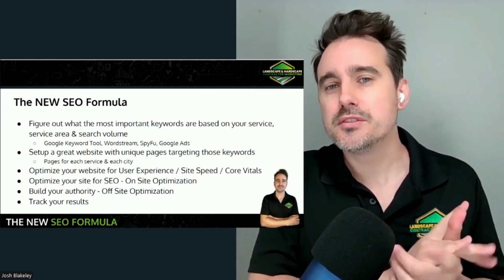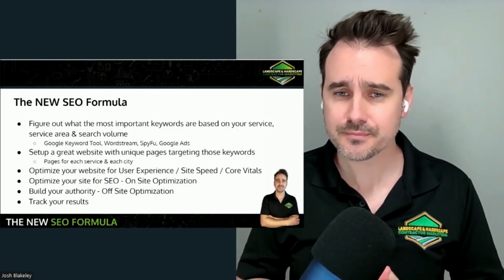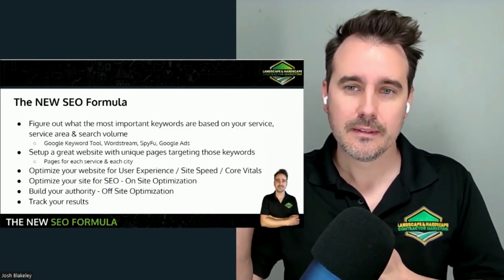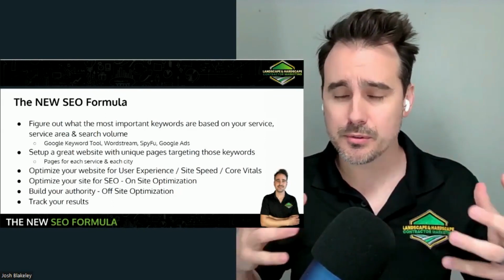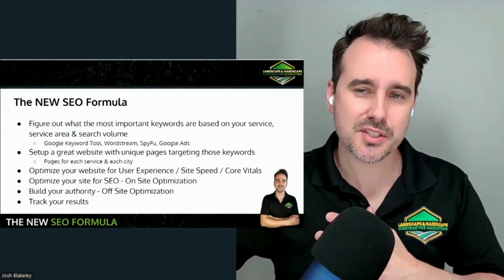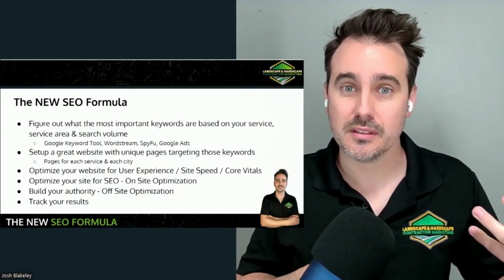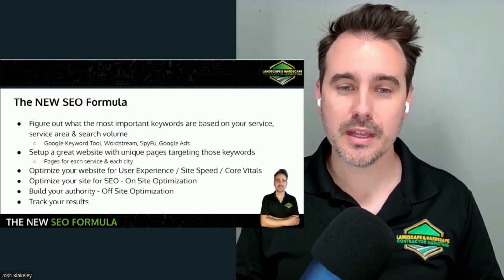So some of the ways you can do this is joining your local organizations. Your Chamber of Commerce is one. They'll usually give you a listing and link back to your site, but also sponsoring organizations, getting press releases done about a project you've done or something noteworthy about your business are some of the ways you can do that.